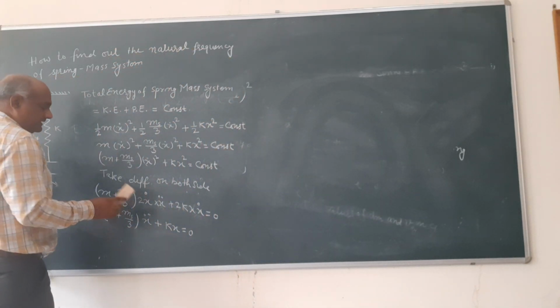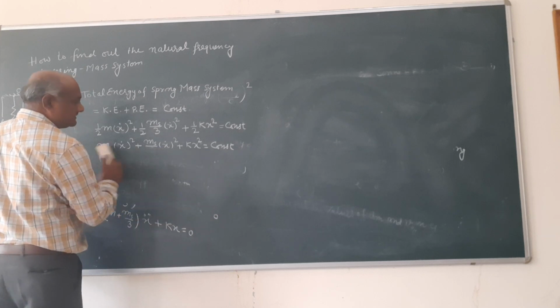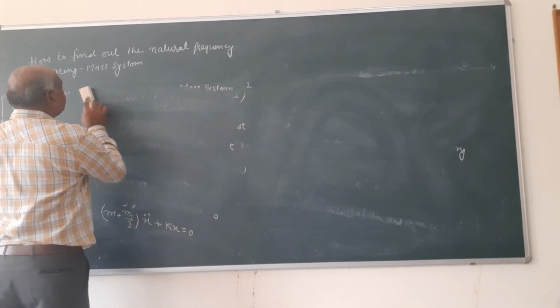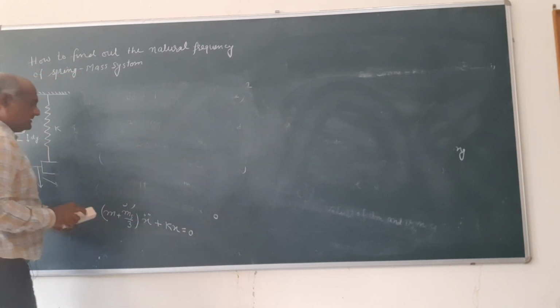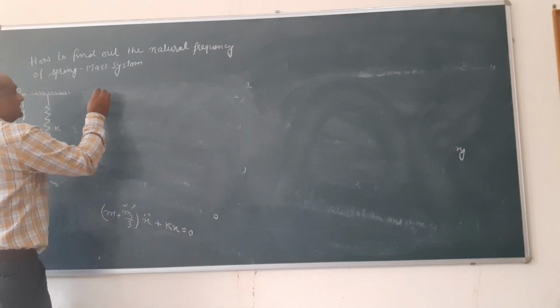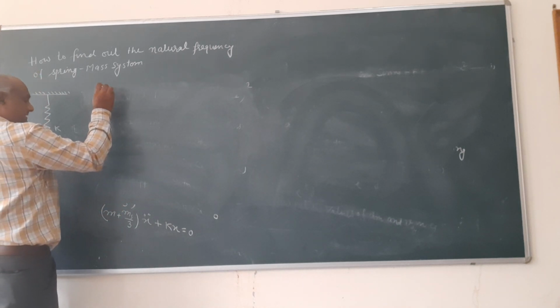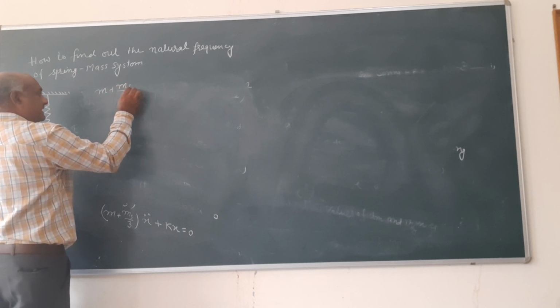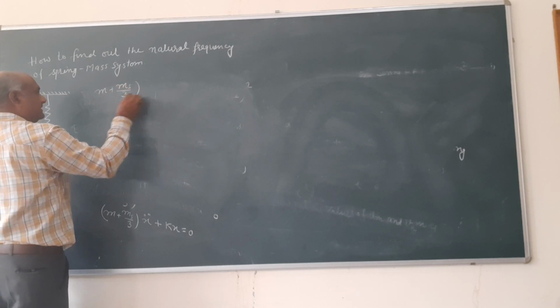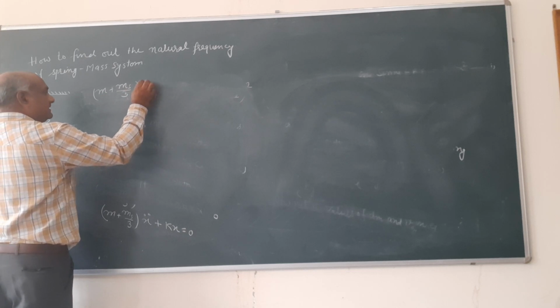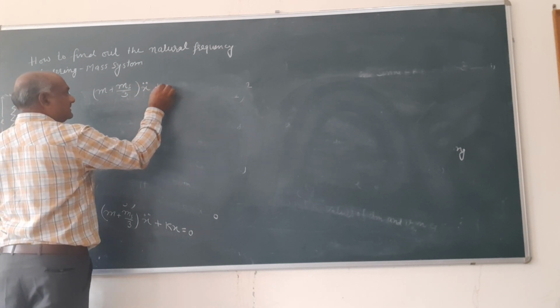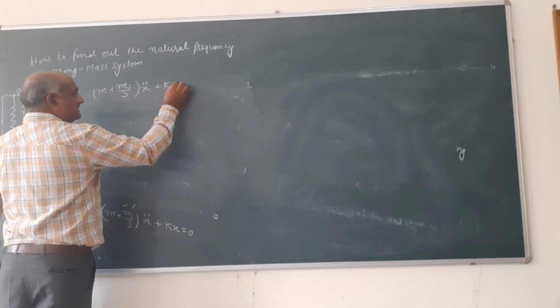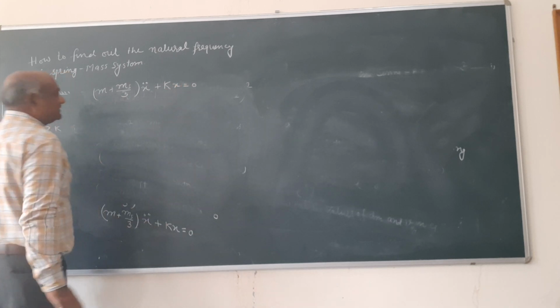The governing differential equation is m plus ms by 3 into x double dot plus k x is equal to 0.